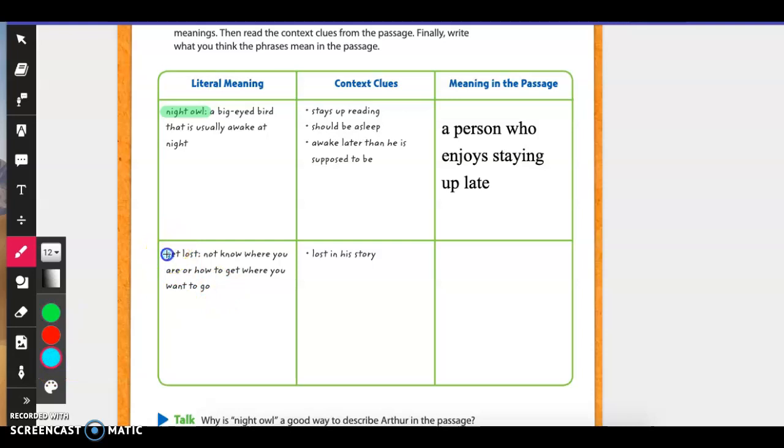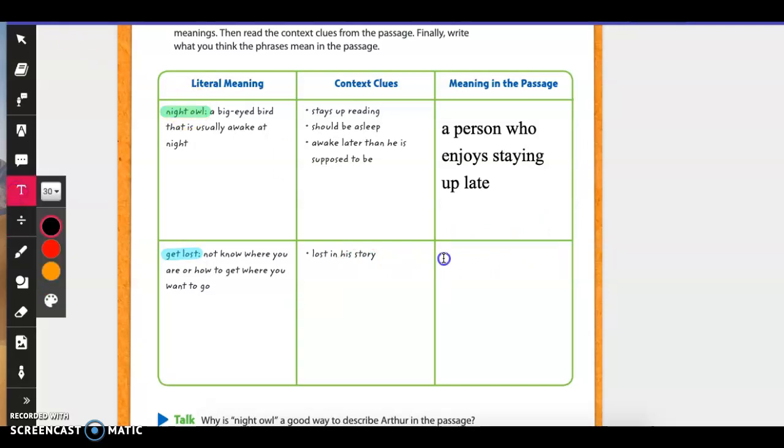Next, the phrase get lost. It literally means to not know where you are or to get where you want to go. But the context clues that we have in the story, it says that Arthur is lost in his story. So we're going to use this context clue to help us understand the non-literal meaning.